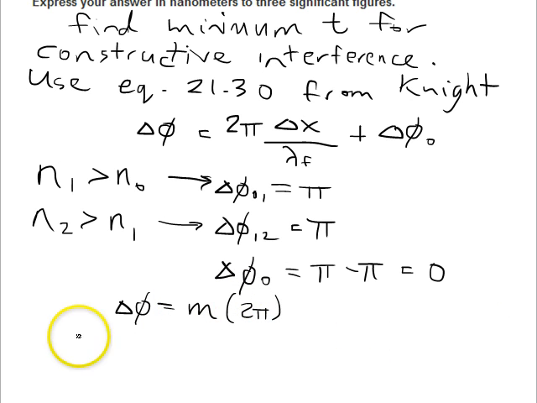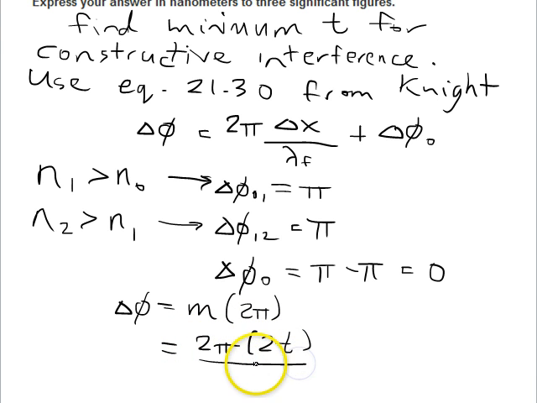And so we can solve that out by saying that delta phi is equal to 2 pi times 2t, that's your delta x, divided by lambda in the air divided by n1 in the oil slick, equals m times 2 pi.